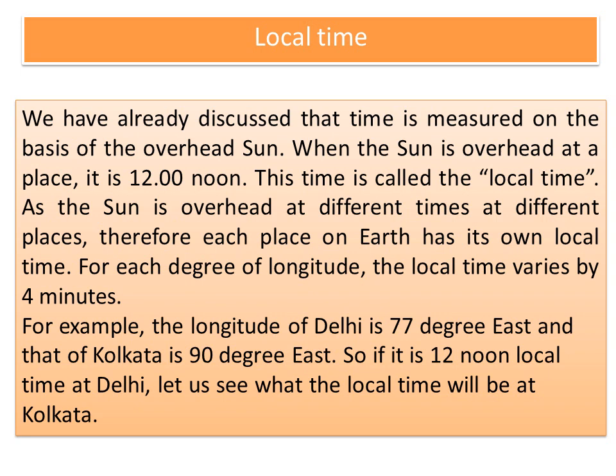Let me explain this with the help of an example. For example, the longitude of Delhi is 77 degrees east and that of Kolkata is 90 degrees east. So, if it is 12 noon local time at Delhi, let us see what the local time will be at Kolkata.